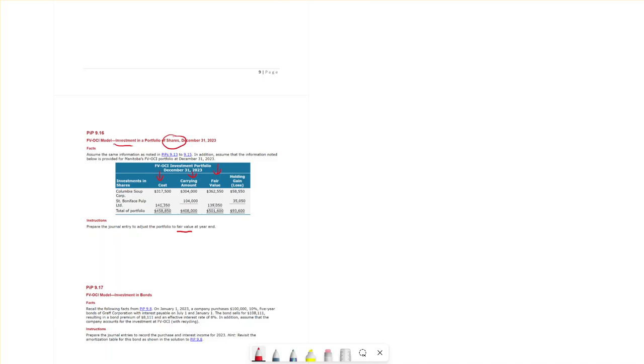So what we need to do is record our investment at fair value and do an adjusting entry. Some will be gains and some will be losses. In this case, the value of your portfolio is 408, the value we need is 501, so we have to increase it. How much do we increase OCI investment?